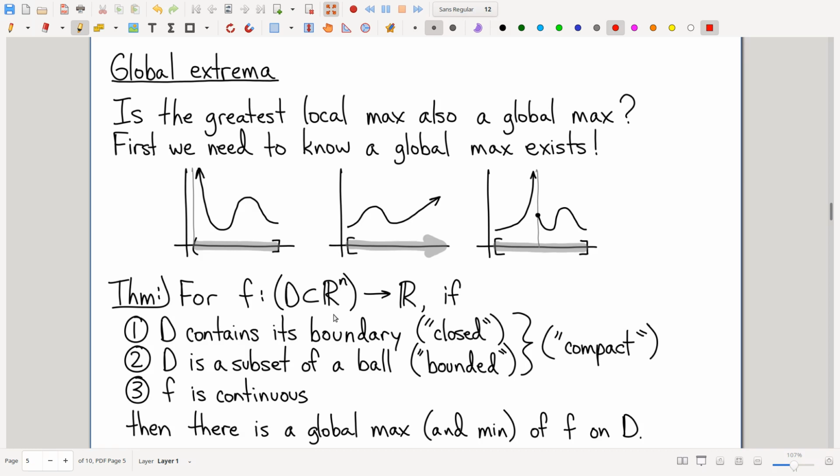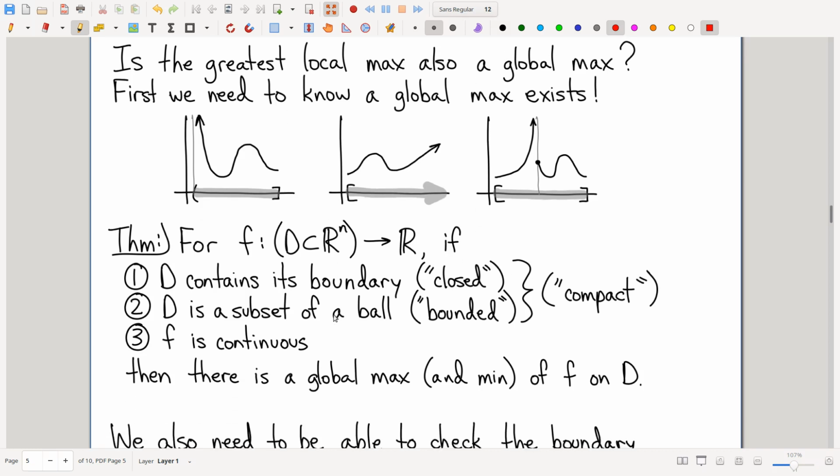And in order to avoid going on a hunt for something that doesn't exist, which is always bad, it's nice to have this theorem down here, which basically has the punchline: under certain conditions, there is a global max, and therefore it's reasonable to look for it.